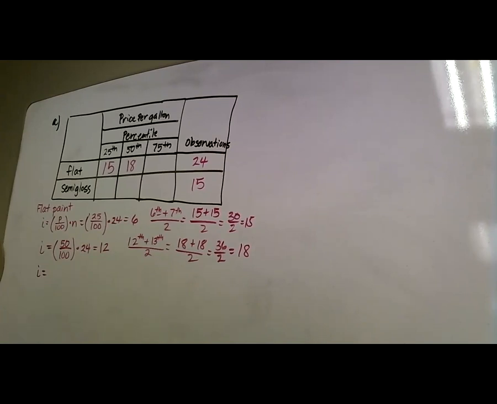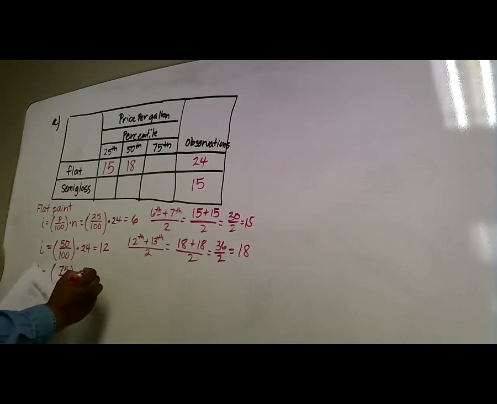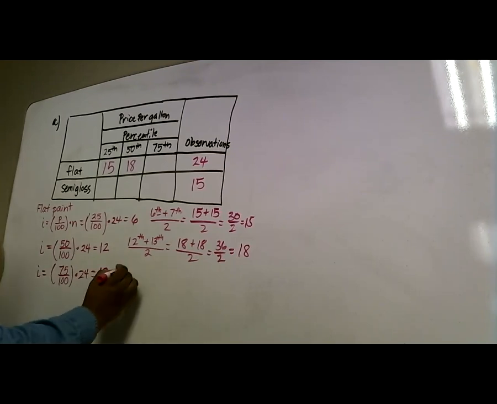All right. And then finally, for the 75th percentile with flat paint, 75 divided by 100 times 24. And that would be how much? I get 18, which is a whole number.